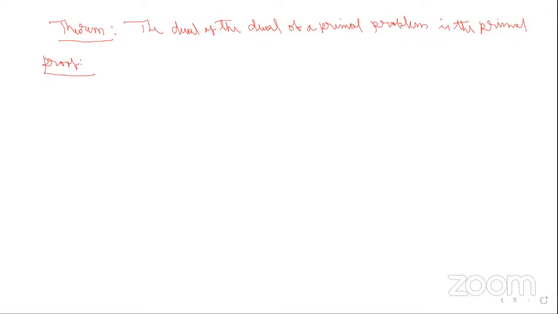Page number 95, you'll check it. Consider the primal problem, the canonical form of minimum z.